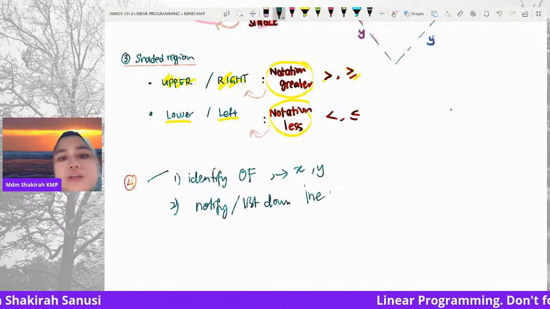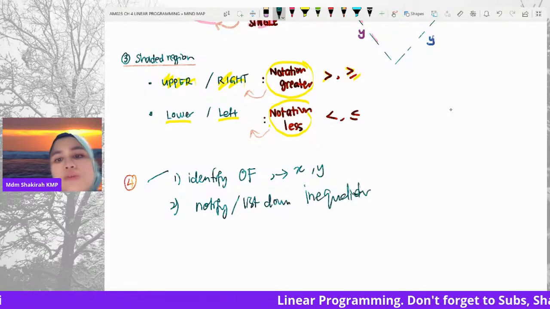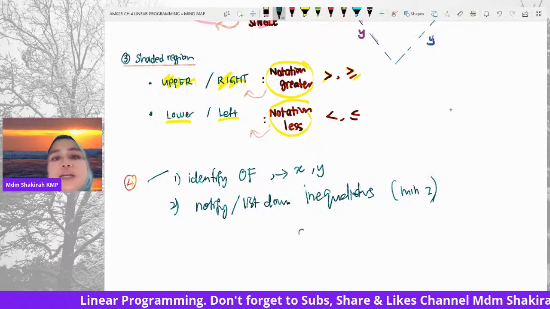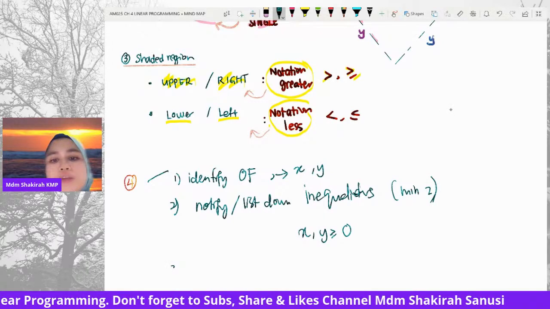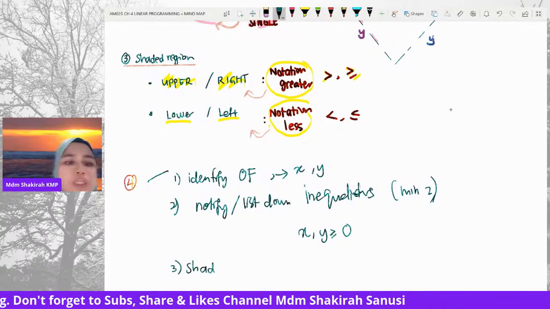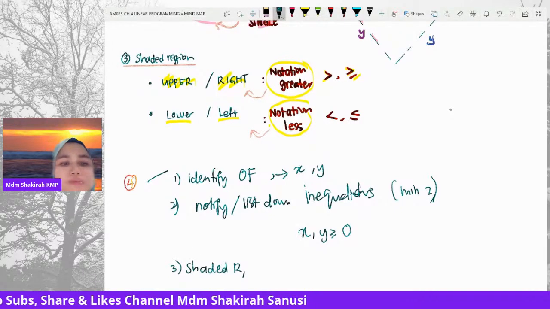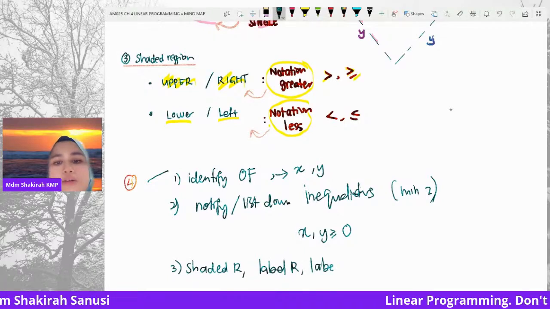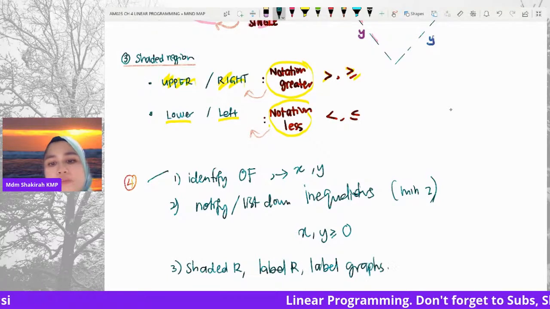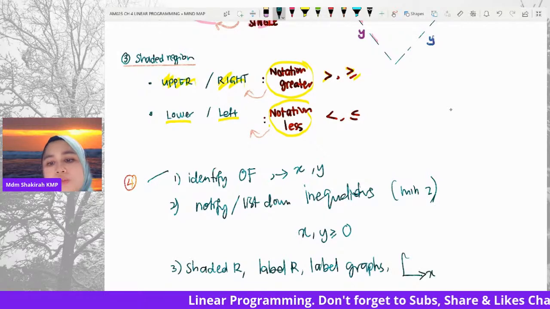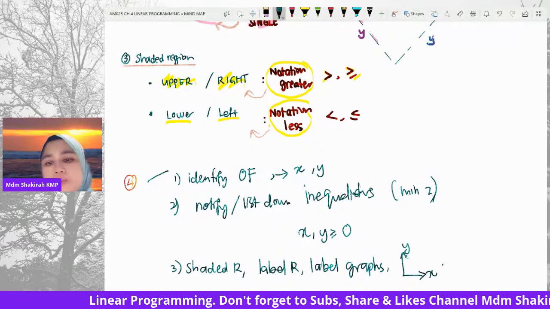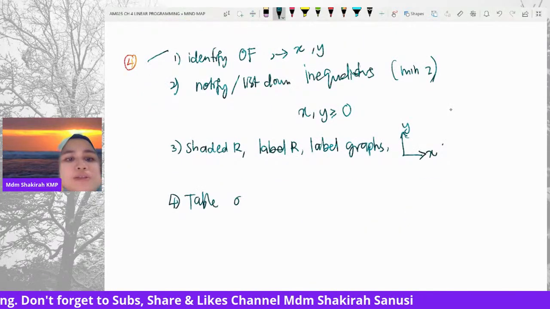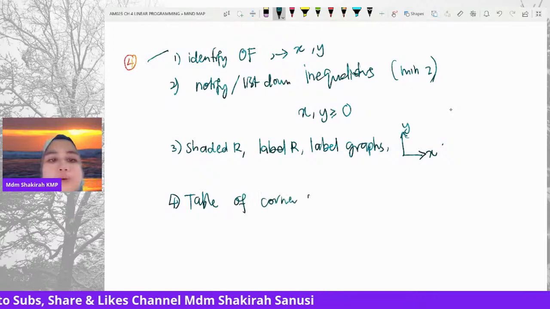Okay, inequalities kita ni akan ada banyak minimum dia 2. Okay, jangan lupa X, Y greater equal to 0. And then shaded R, label R of the graph, X and Y jangan lupa, and do the table of corner points, right?